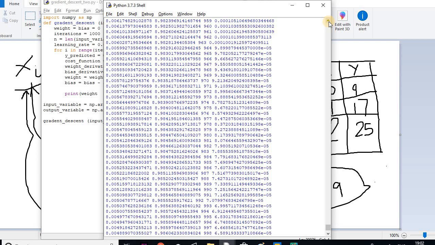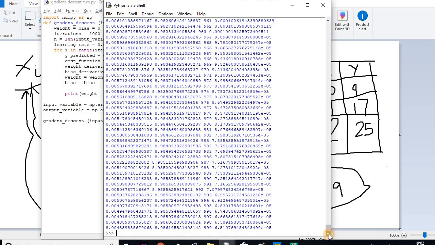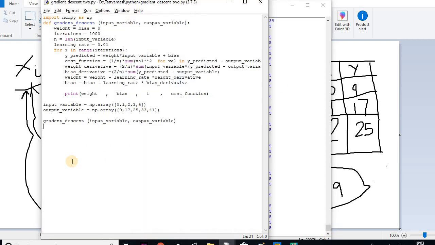The weight and bias, but it's not proper. It's not closer to that. The cost function is fine, it is decreasing. So like this, we can optimize the value of the learning rate.